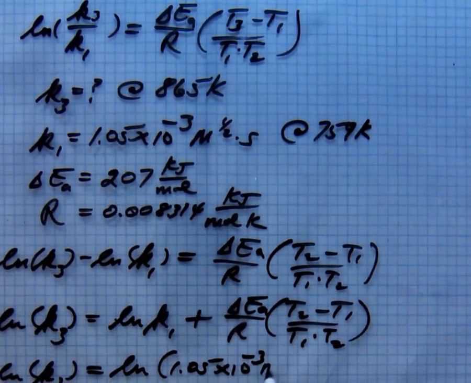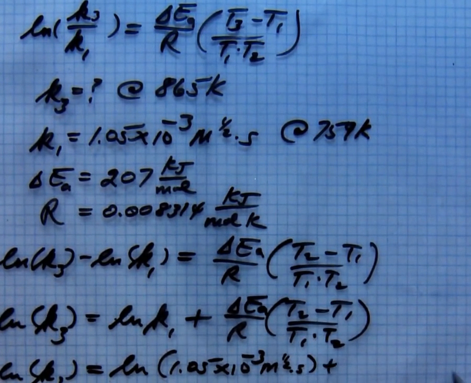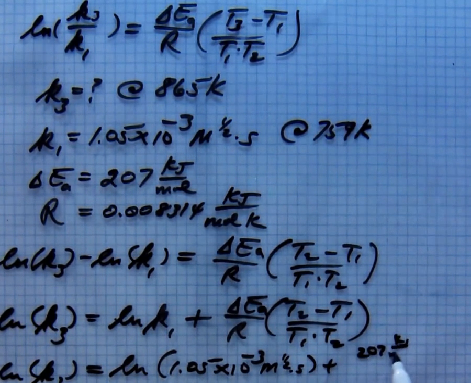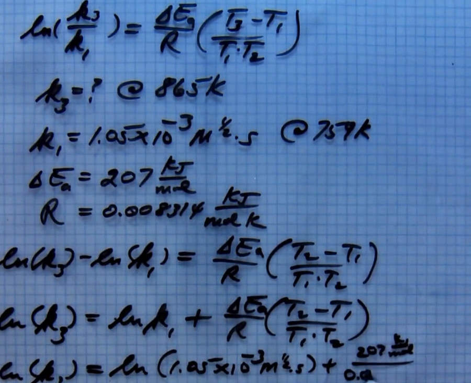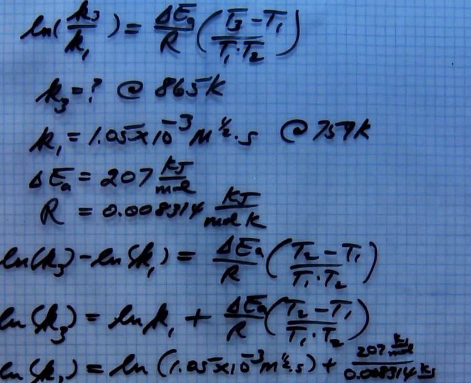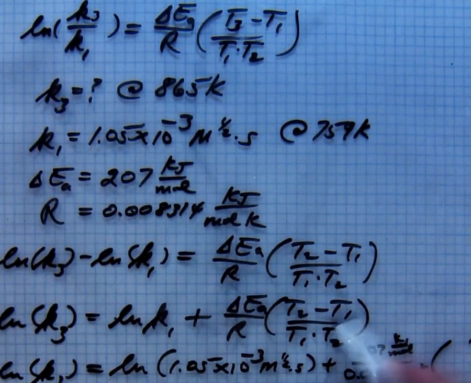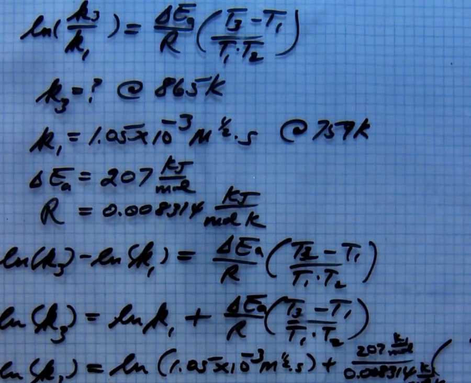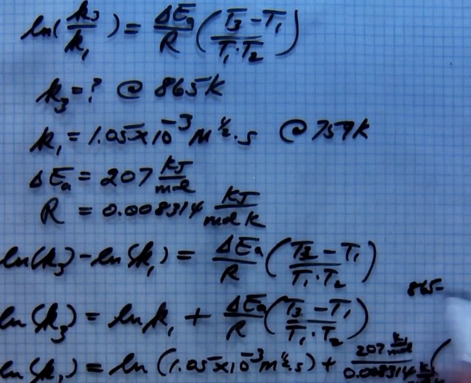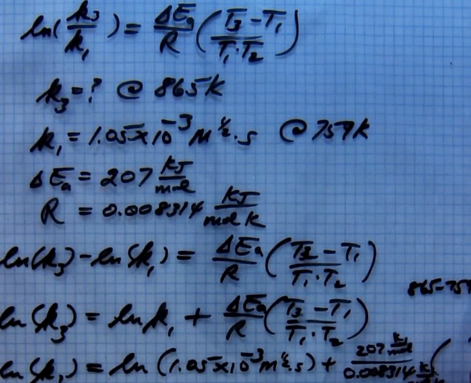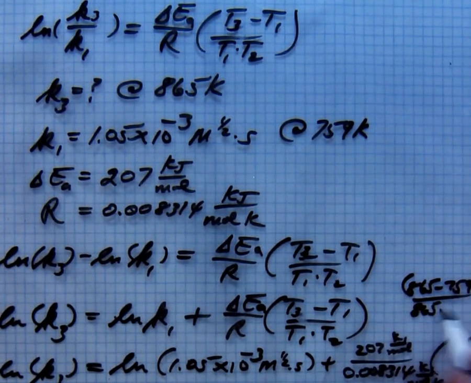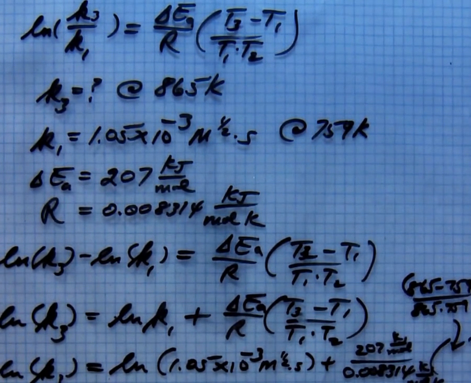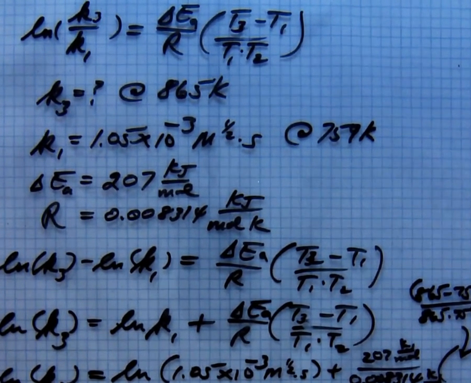Now the units are going to come out at the end of this as molar 1/2 dot seconds, just as they have in the first problems, plus 207 kilojoules per mole divided by 0.008314 kilojoules per mole Kelvin, and then we will have T3 minus T1, where T3 is 865 minus 759 over 865 times 759, and we'll substitute that into that parenthesis right there.